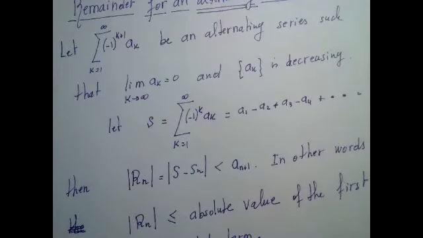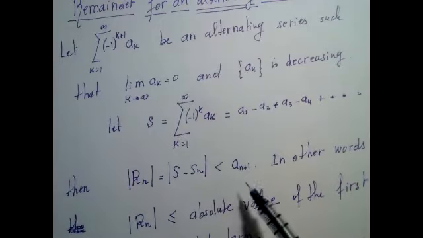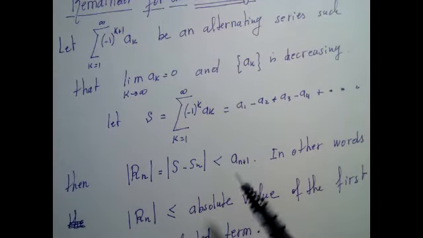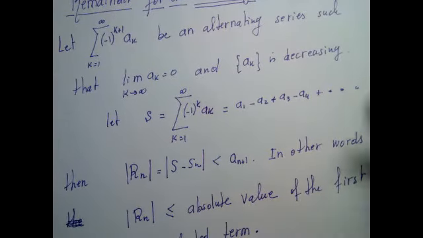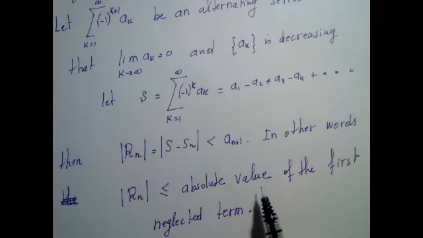Then the remainder, in absolute value, meaning how far the actual sum is from the partial sum, is less than a_(n+1). I explained that very clearly. In other words, the remainder is always less than the absolute value of the first neglected term.